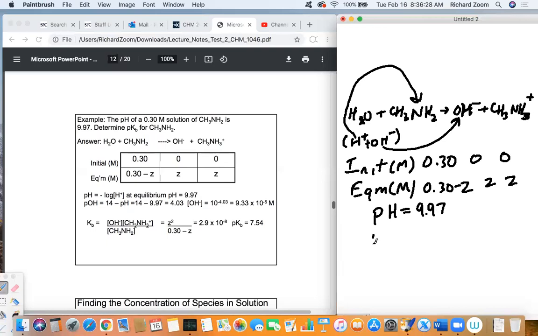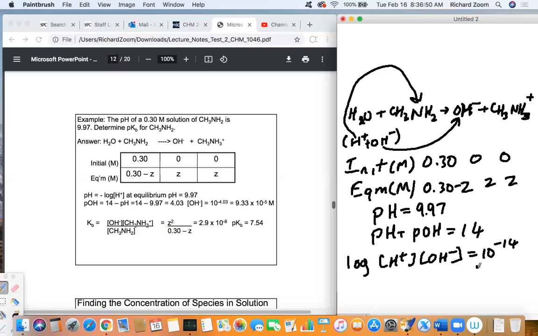So we're using another relationship here, which I should have actually gone through earlier: pH plus pOH is equal to 14. This comes from what happens if we take H plus times OH minus is equal to 10 to the negative 14, which we dealt with earlier. If we take the log of both sides of that, this is what we end up with. pH plus pOH is equal to 14.